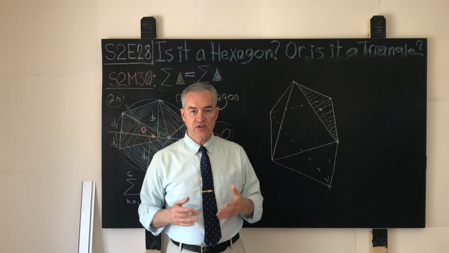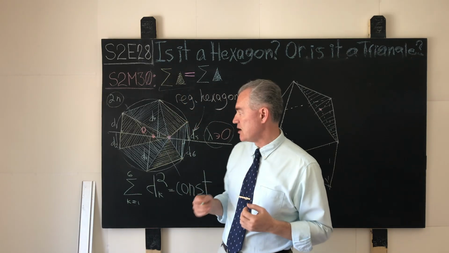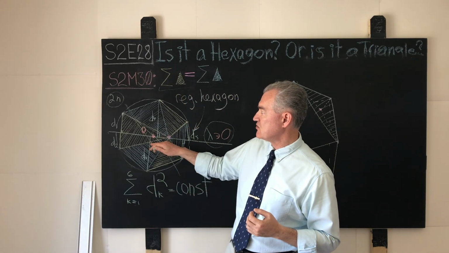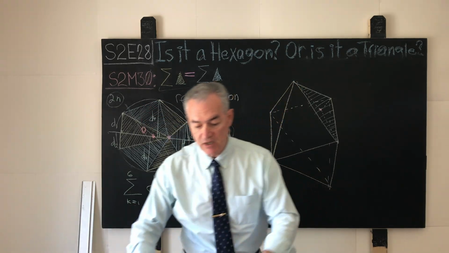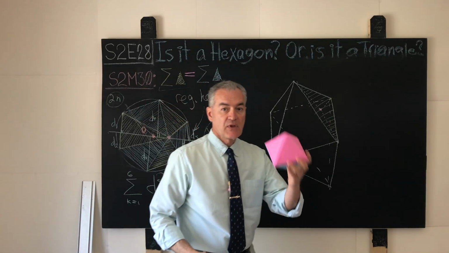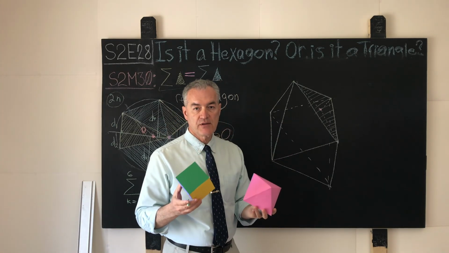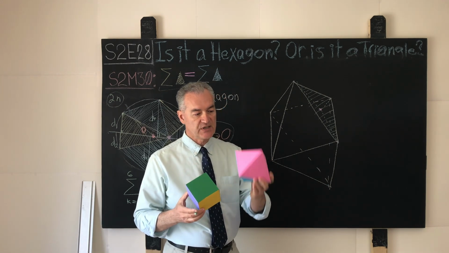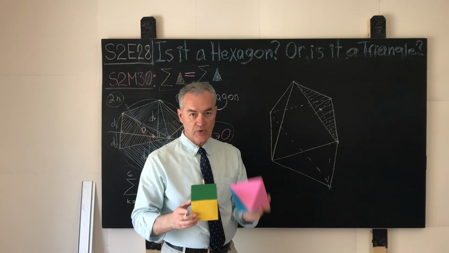Can it be done using synthetic geometry, or the ideas that come from synthetic geometry, in the way that we generated a proof in our problem S2M30? Well, maybe we know that, for example, a regular octahedron and the cube are the duals of each other, which means that a regular octahedron can actually be inscribed in a specific way into a cube.